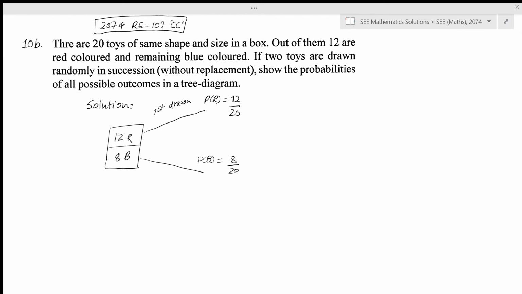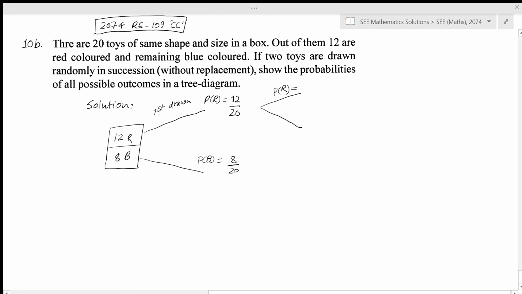And this is for the first draw. We have to draw a second time because we are drawing two toys, right? So at first we can draw red or blue, but now in the second draw the same thing occurs. After drawing red the first time, we can still draw red the second time. And be very careful here, since this is the case where red was drawn the first time.